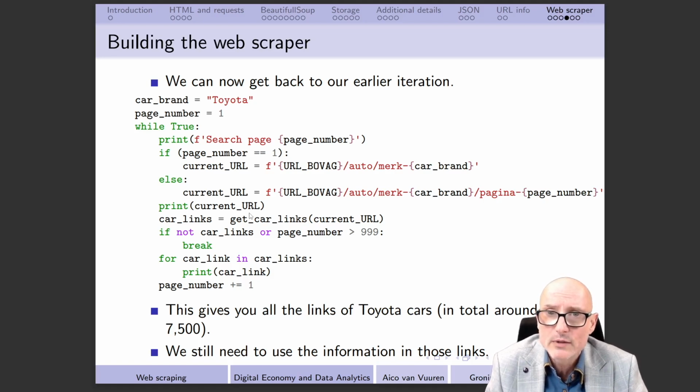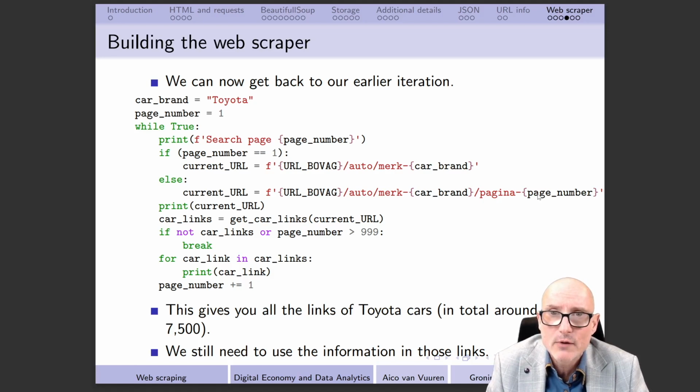But take into account that there are, of course, not indefinitely many page numbers over here. At a particular moment in time, suppose that there are only 500 pages for Toyota on this BOVAG website.